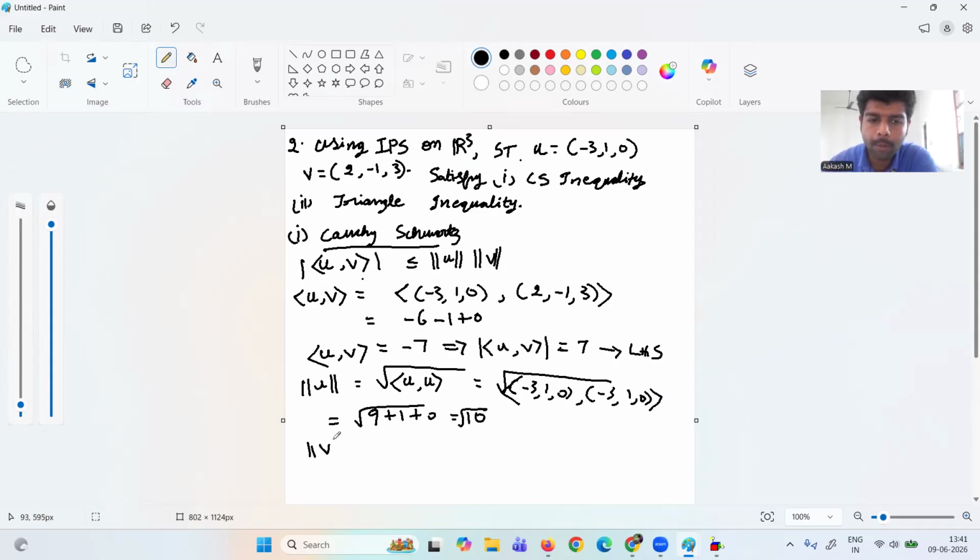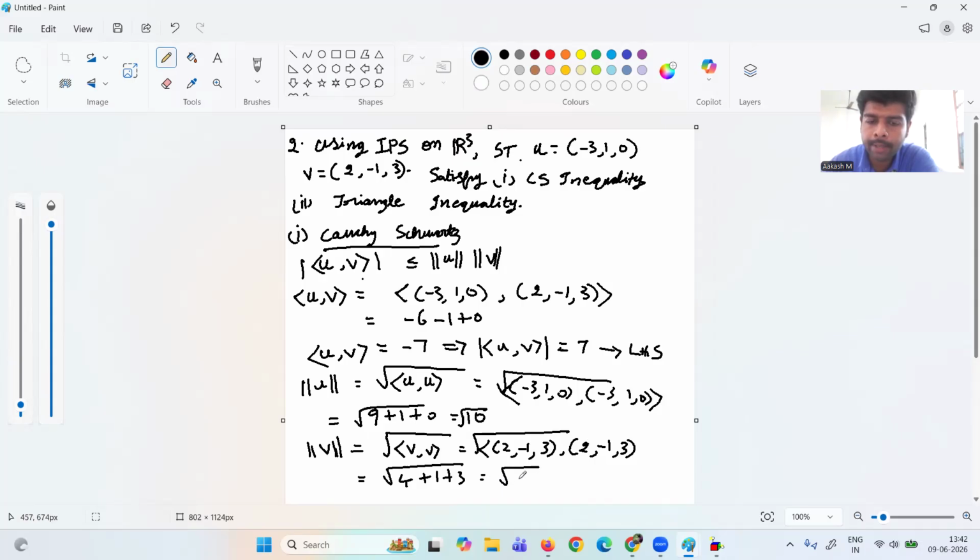Similarly, find the norm of v. The formula is the root of the inner product of v comma v. What is v? (2, -1, 3), comma, (2, -1, 3). Root of 2 into 2, 4, plus 1, plus 9, so root 14.